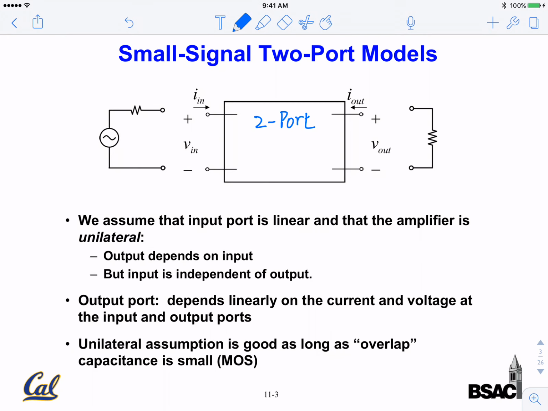So this is basically a black box consisting of an LTI system, a linear time-invariant system that could have gain in there. Interfacing to the two-port, we have the input port, shown in this example as a voltage source and a series resistance here. And then there is an output port here. So these are the two ports.